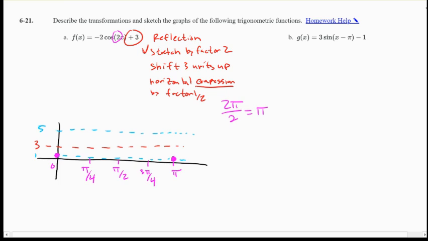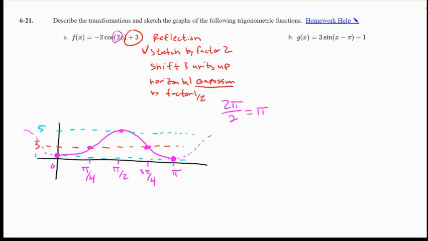So we got bottom here, midline, top, back to the midline, and then back to the bottom. So my final sketch of my graph here looks like this. And I know that it goes on forever in both directions, but that's just one period of my graph.